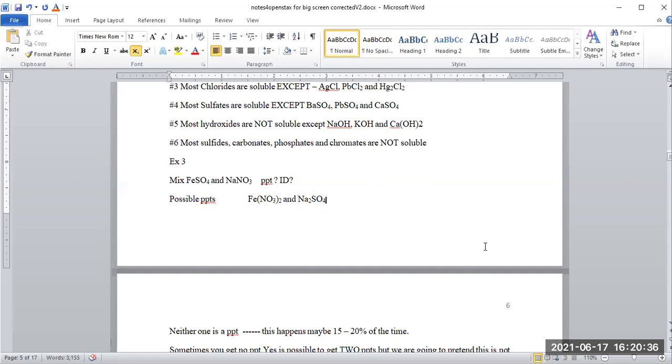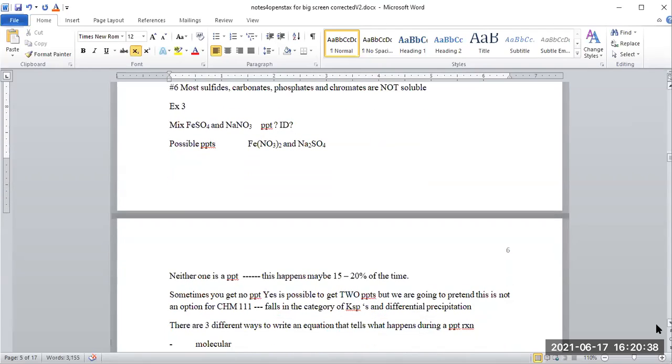You will note that of all of the problems, especially end of chapter problems, and the lab that is coming up called metathesis, sometimes, maybe on the order of 15 to 20% of the time, you get no precipitate at all.